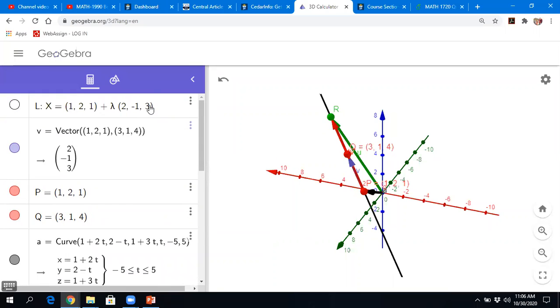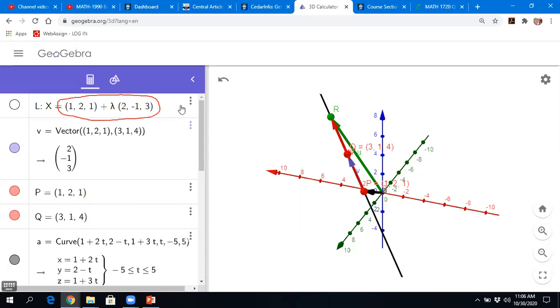Let me just point out what this is. This is how you notate it. Even if I put t times 2, -1, 3, it changes it to lambda. It uses the Greek letter lambda for that little parameter. That's just what it prefers to do.